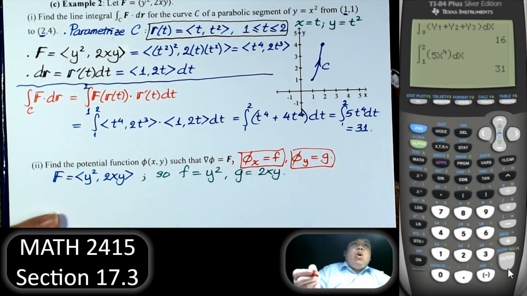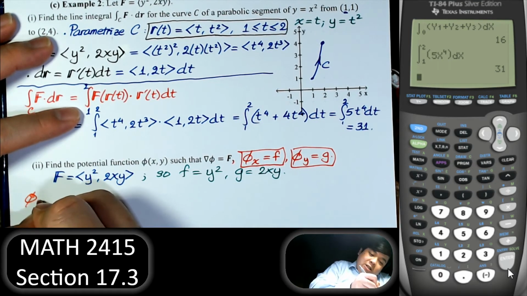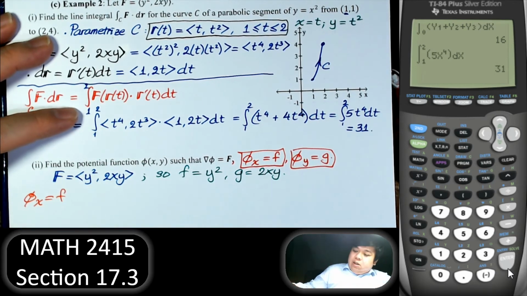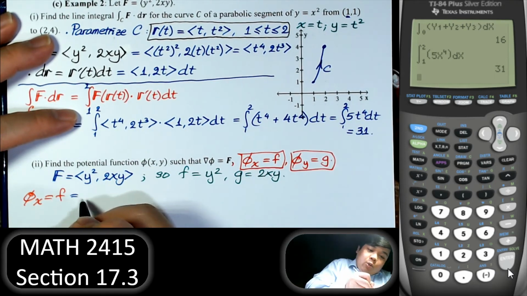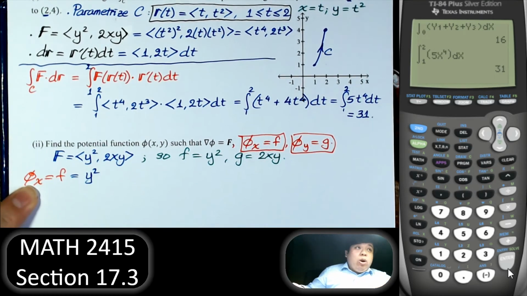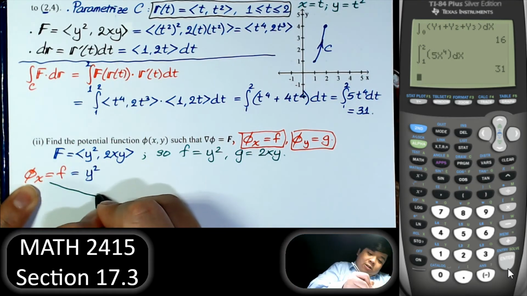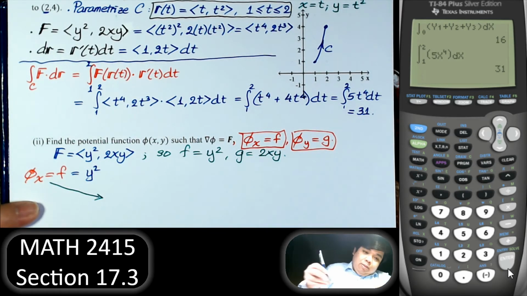Easy enough, we can just pick one or the other. Let's start with that. The partial with respect to x is equal to y squared. Now to get back to the function, we have to integrate with respect to x.